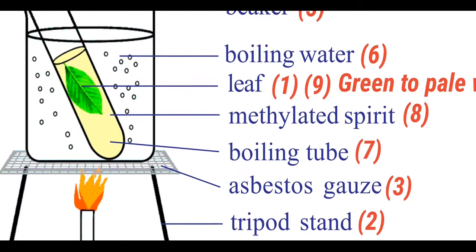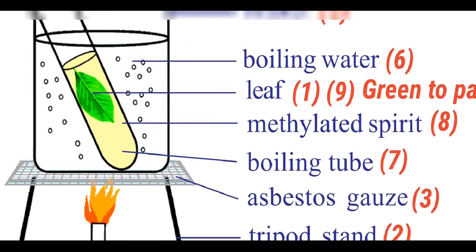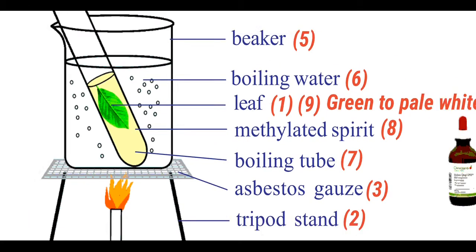What is the seventh point? Take a test tube, put in it a green leaf and put it in the beaker.